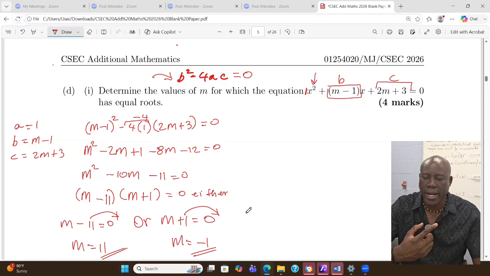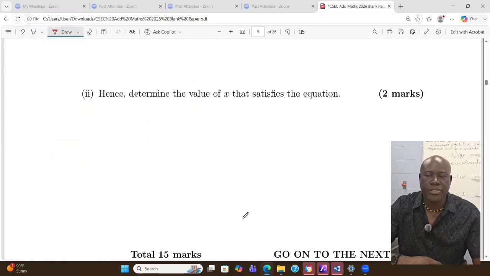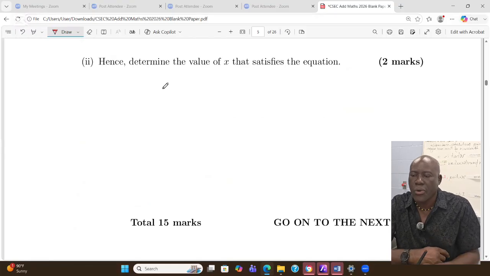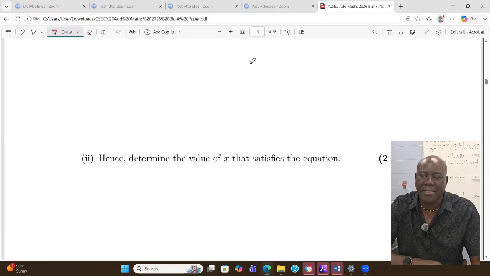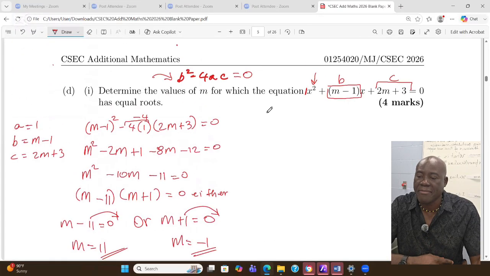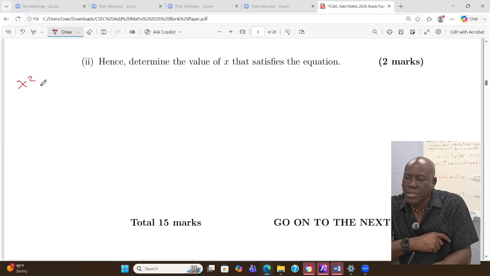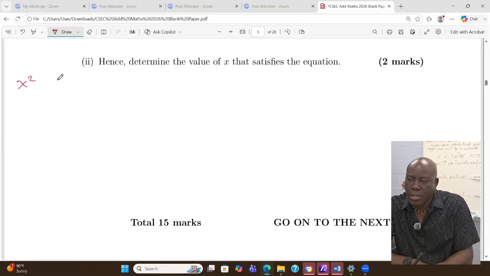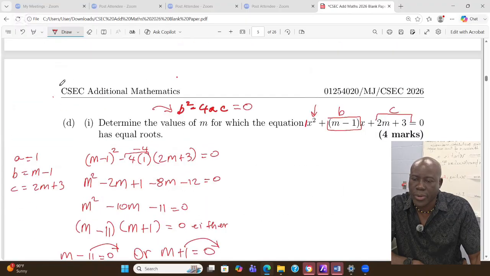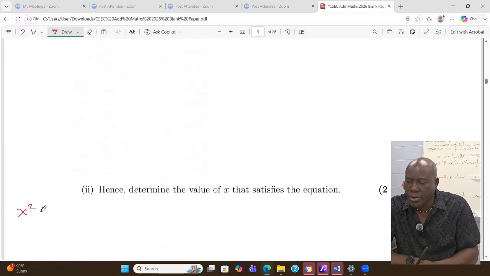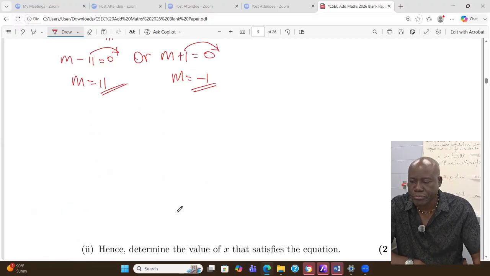Now, let's see what else they have for us. In the other part of the question, it says hence. So hence, we want to determine the values of x that satisfy the equation. So let's go back. We want the value of x. Let us write this down quickly: x squared plus (m minus 1) x plus 2m plus 3 equals 0.